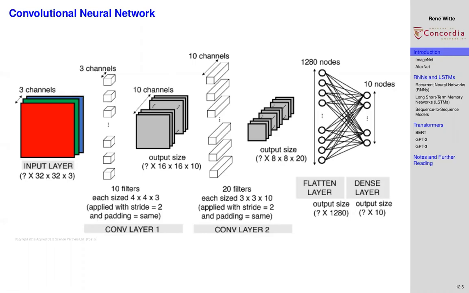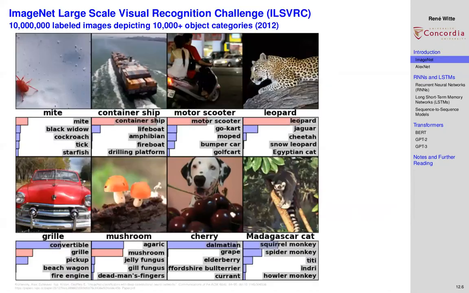I showed you the example last time where we used this small data set with 10 different image classes, the CIFAR10. For research purposes, there is another well-known data set and corresponding competition, which is ImageNet. So there is a yearly challenge, like a competition between different approaches.